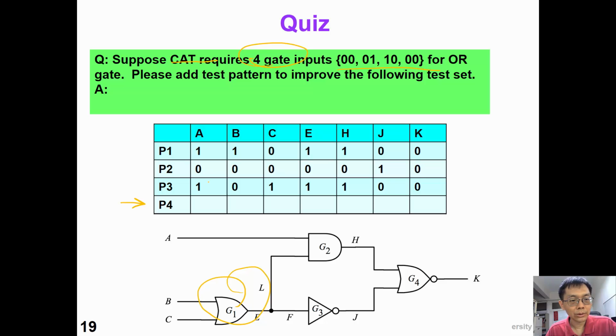Okay, are you finished? Since we already have 1 0, 0 0, 0 1, let's add one more test pattern. And A is 0, so our fault can be propagated to output K. Have you got it correctly?